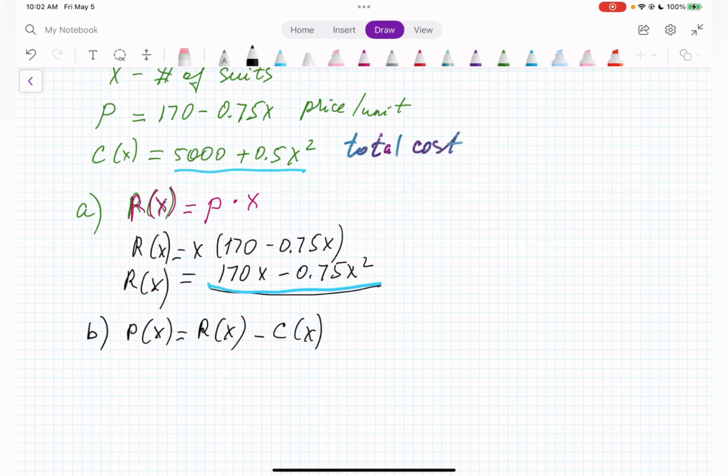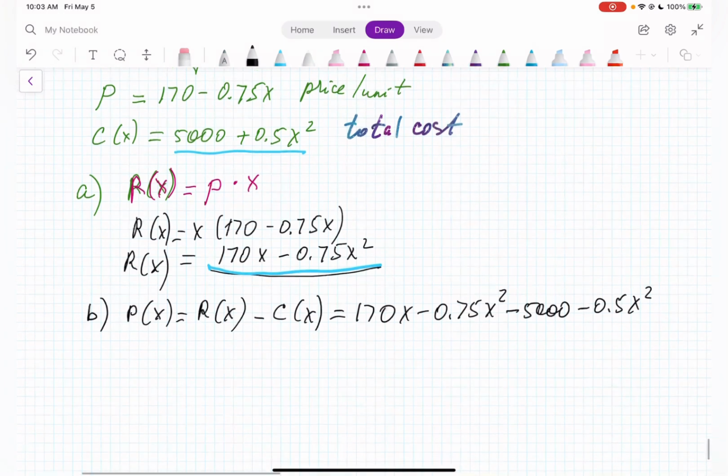So this is equal to 170x minus 0.75x squared. Since I'm subtracting everything in C of x, it's going to flip the sign: minus 5,000 and minus 0.5x squared. Okay, do we have any like terms? Yes.